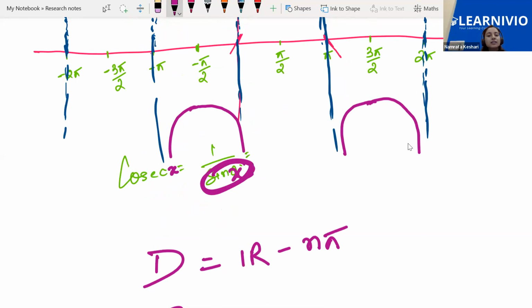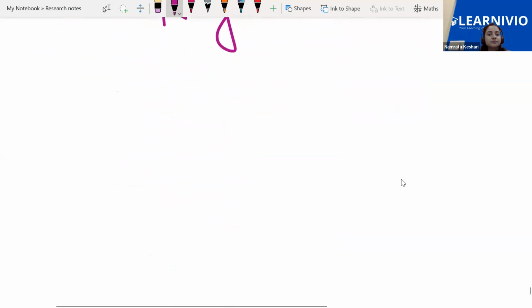If you take sine 30 degree, it will give output between -1 to 1. If you take sine 60 degree, the final answer will be lying between -1 to 1. If you take sine 90 degree, sine 180 degree, any degree, the result will be lying between -1 और 1, right?